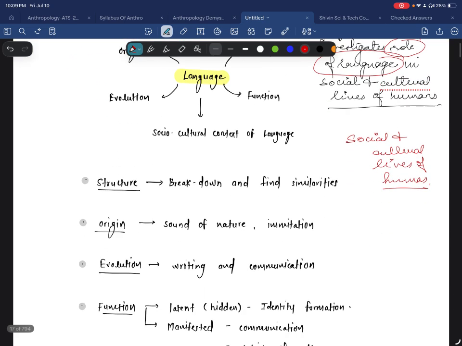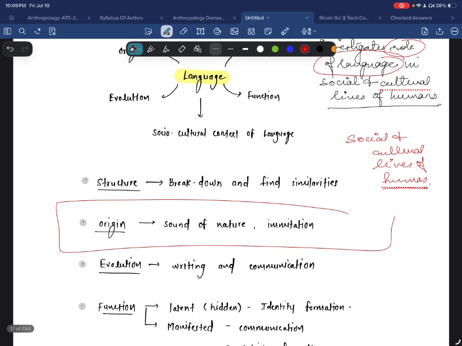right? अगर मैं language का origin देखूं, जब हम when I trace back, origin language was not developed in the previous times. When I talk about the prehistoric times, language was not discovered. So, what acted as origin of language might be the sound of nature, because the early man were well equipped with different sounds of nature.